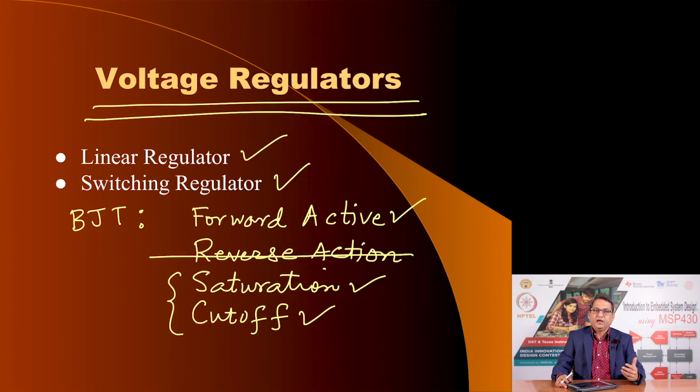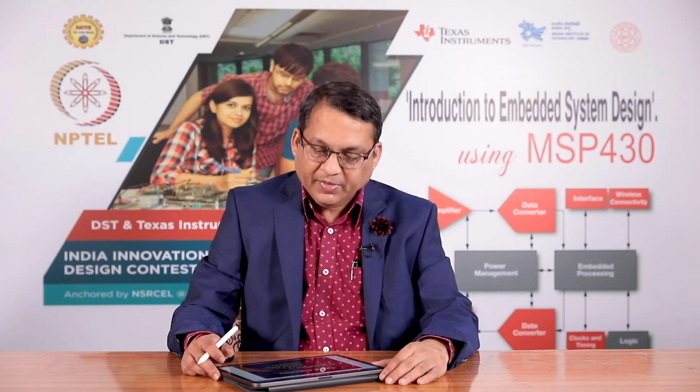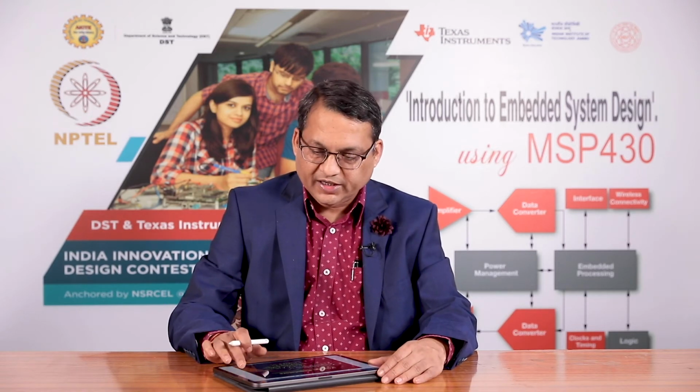And when you build a power supply regulator using a transistor which operates primarily in the saturation and cutoff region, such regulators are termed switching regulators. Each one has an advantage over the other, and we will consider the advantages and disadvantages of both these types of regulators.